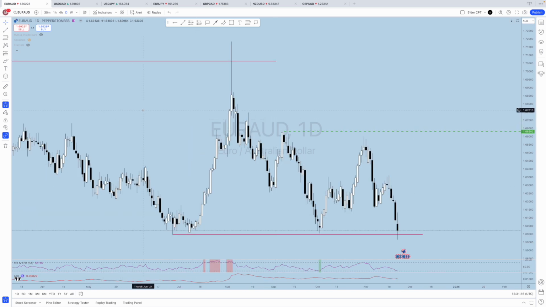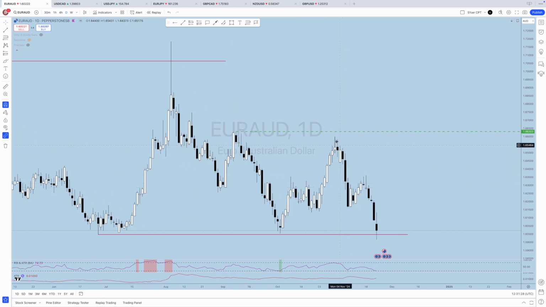And if I zoom in a little bit more, we can see price has been consolidating between 1.66 and 1.6 recently. The most recent move, we can see price almost reached the higher level of the range, didn't touch it and started moving down, and on Friday it faked out the lower boundary.